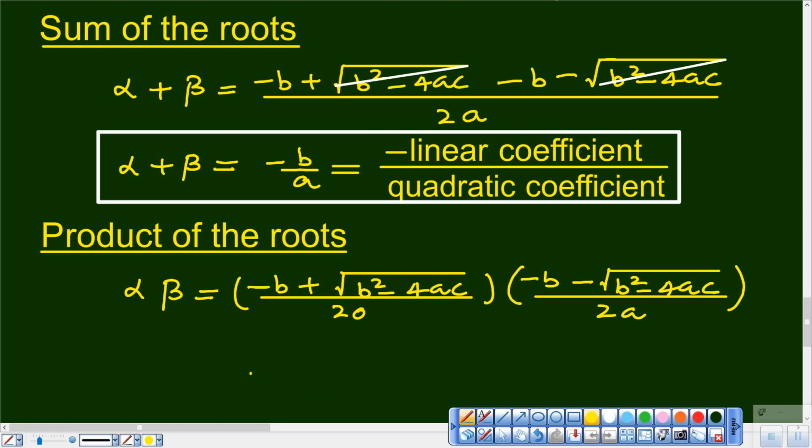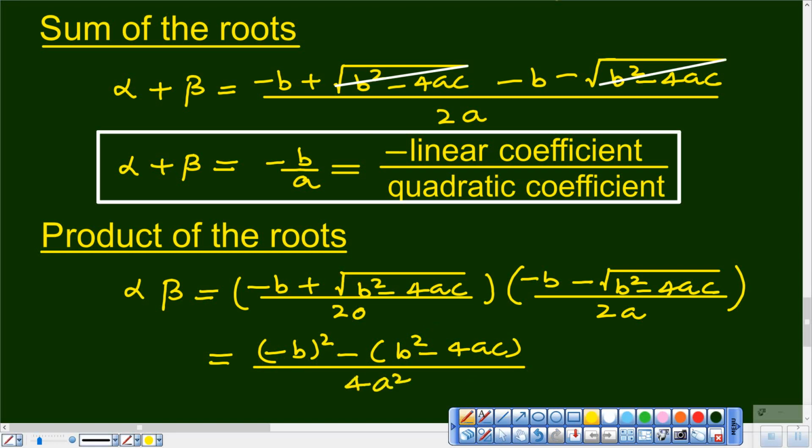You know that a plus b into a minus b is equal to a square minus b square, and thus making use of this I can write this as minus b whole square minus this whole garbage, that is b square minus 4ac upon 4a square, which becomes 4ac upon 4a square as b square cancels out.